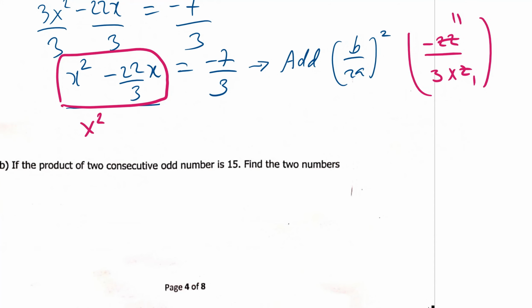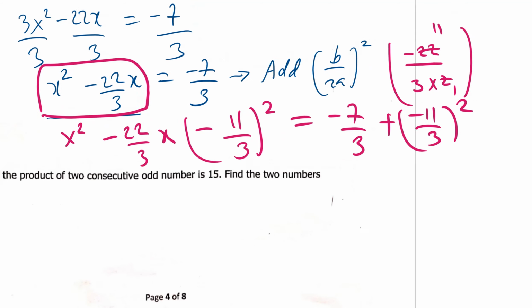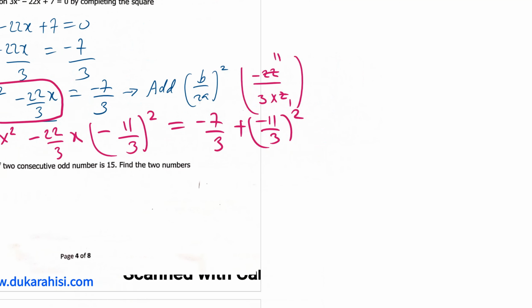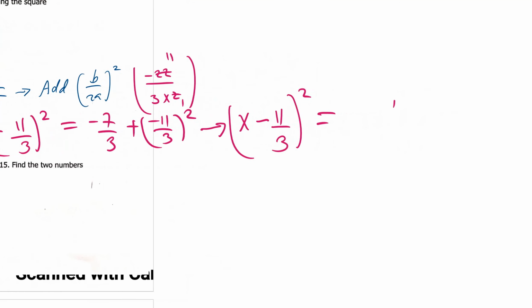So x squared minus 22/3 x plus (11/3) squared equals negative 7/3 plus (11/3) squared. Now we see that x minus 11/3 all squared equals negative 7/3 plus 121/9.